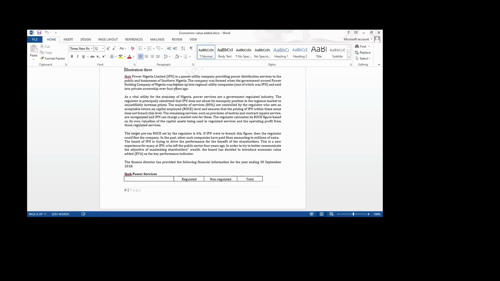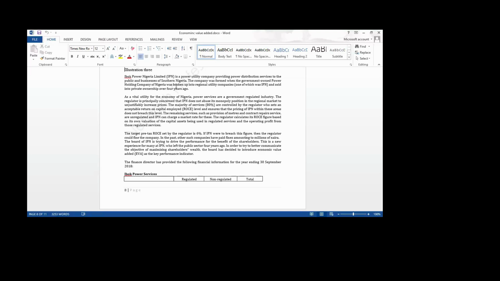The target pre-tax return on capital employed set by the regulator is 6%. If IPN were to breach this figure, then the regulator could fine the company.